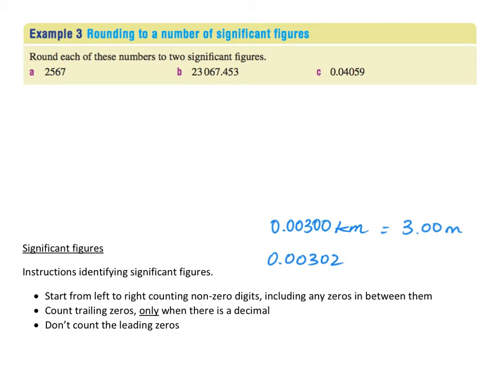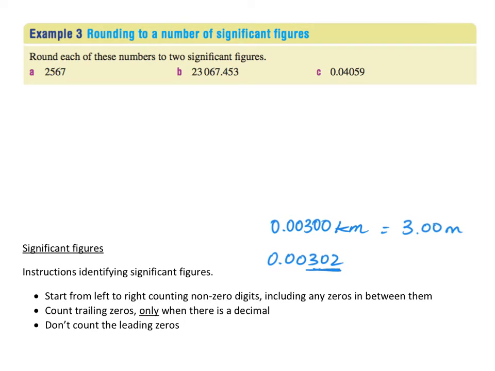So there are a couple of rules when we are doing significant figures questions, and they've been written here for you. The instructions: you start from left to right, counting non-zero digits, including any zeros in between them. That's the first rule. So for this one here, we've started from left to right, counting non-zero digits, and the 0 between them as well.